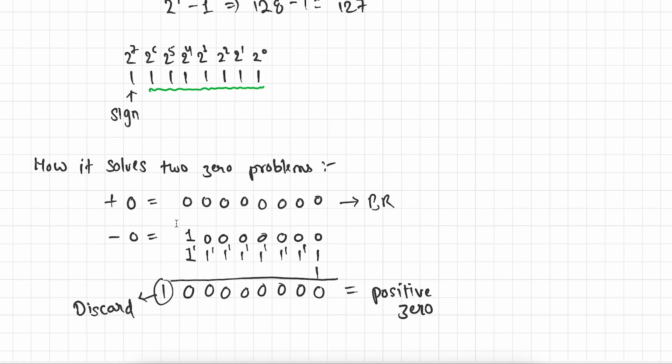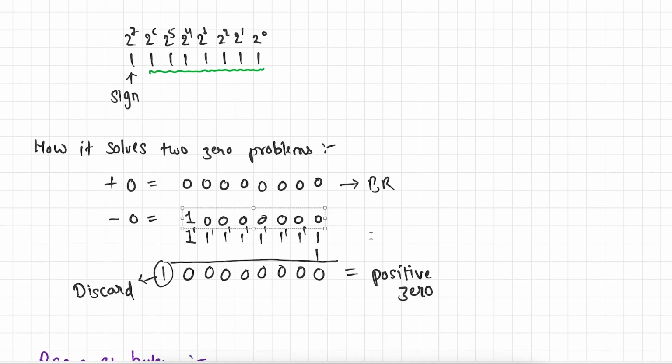So let's say this is negative 0 and we store negative numbers in 2's complement. If you calculate the 2's complement, you simply invert all the bits and add 1 to it. So when you add 1 to it, 1 plus 1 is equal to 0, carry 1, and so on, all the way through, and you get a carry of 1 at the last.